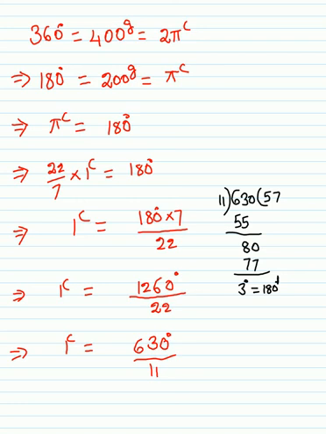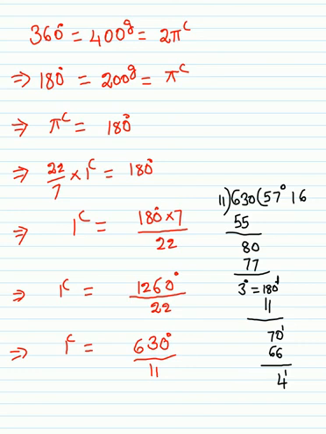Now divide these minutes. So 11 one time 11. Now the answer is 70 minutes. Now 11 6s are 66. Now you got 4 minutes.